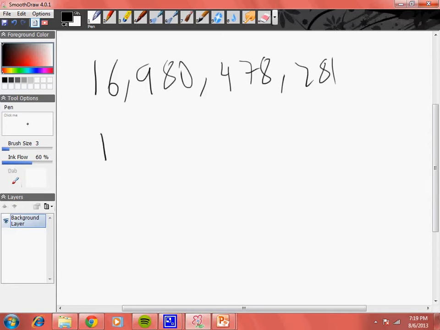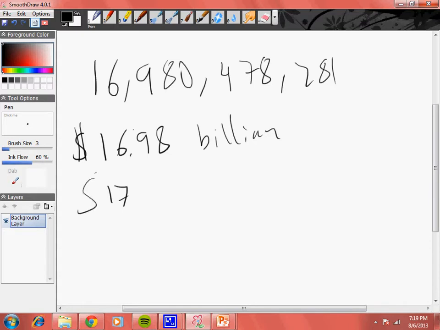Now if I'm the guy from Wikipedia and I want to put down how much he's worth, I'm going to say, let's say I say this, $16.98 billion. Or maybe they say $17 billion.